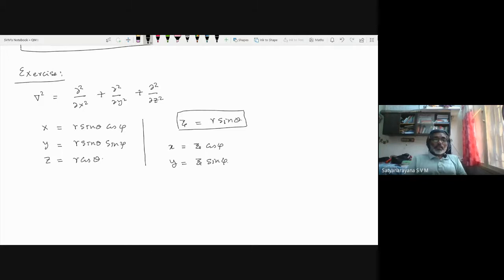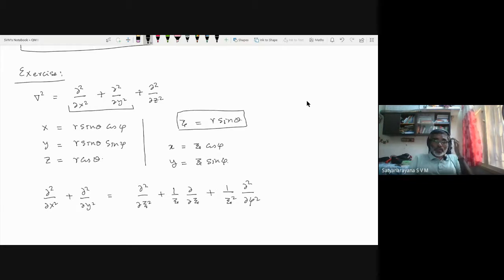Okay. Now this part of del square is a 2D thing, right? So we can write del square by del x square plus del square by del y square as del square by del xi square plus 1 by xi into del by del xi plus 1 by xi square into del square by del phi square.